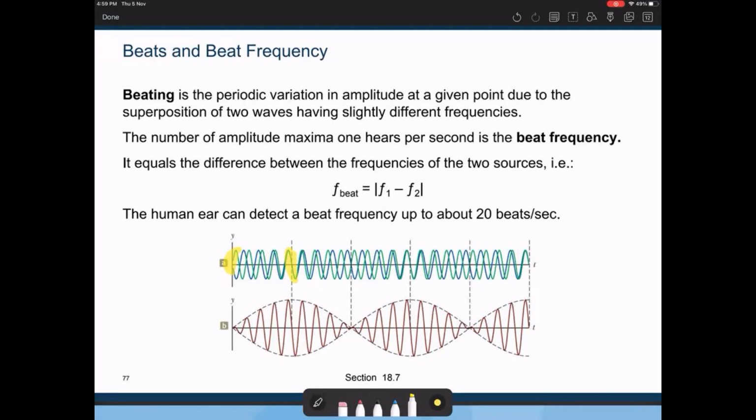If you really add them together, graphically, you will see something like in the figure B. At some point, the two waves are canceling one another. So you expect zero amplitude. At other points, the amplitude would be much, much larger.